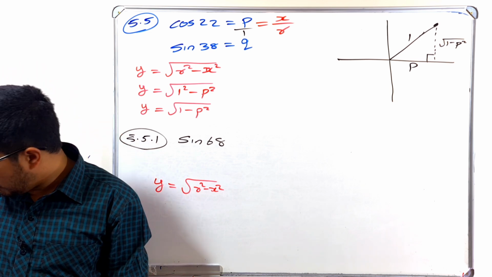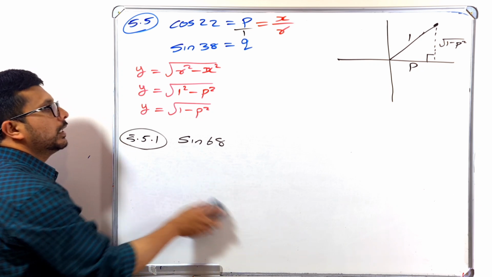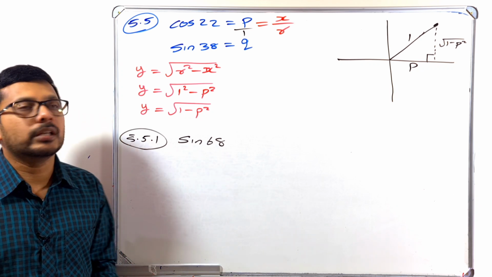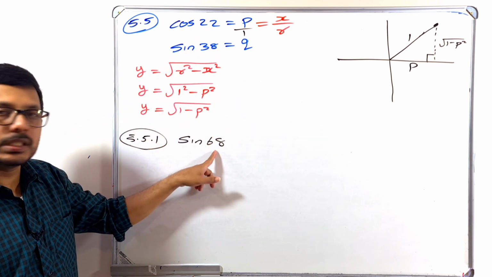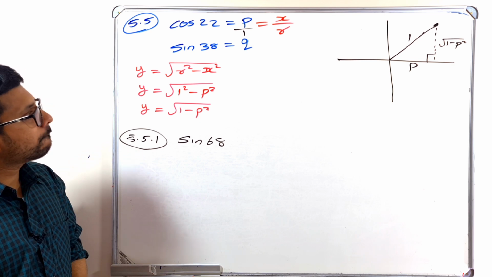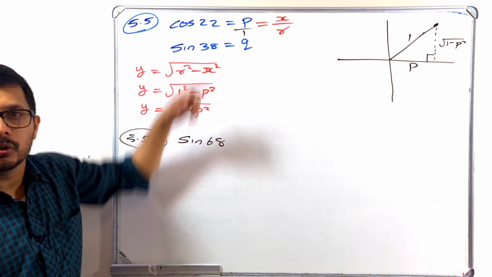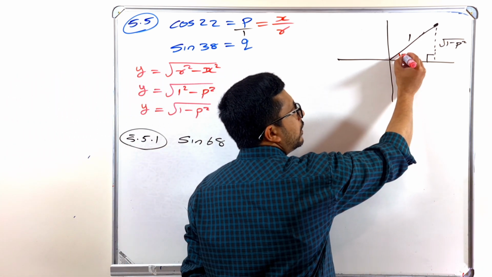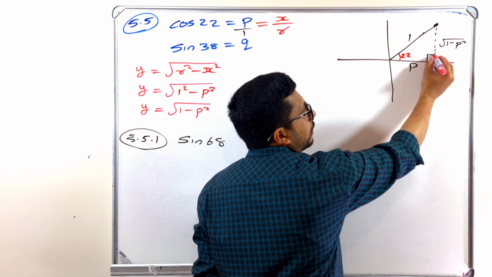Now, but still our problem is there. 68. We don't know 68. We know only 22 and 38. So what you have to do is, what is the given one? Cos 22. Cos 22 means which angle is that? This angle is 22. What is this angle?